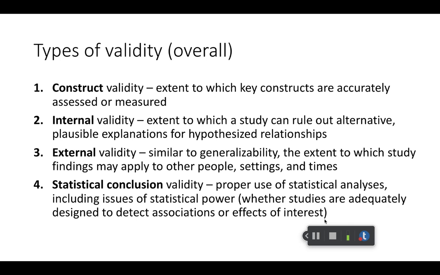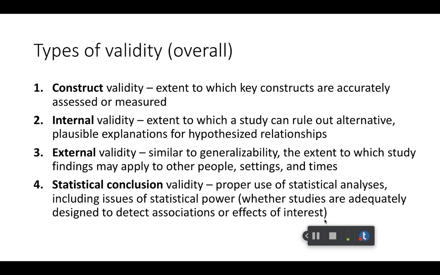So in terms of overall validity of a research project, there are 3 types. Construct validity is about the extent to which key constructs are accurately assessed or measured. Internal validity is the extent to which a study can rule out alternative plausible explanations for hypothesized relationships.